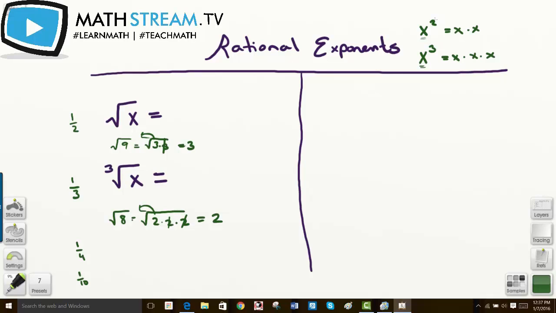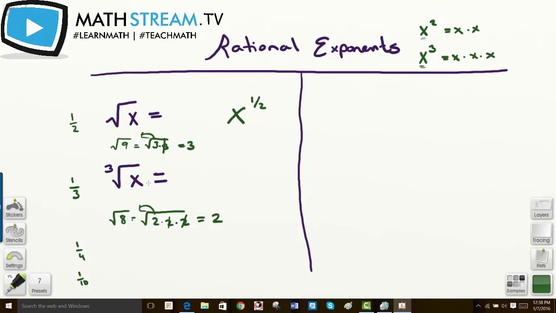If exponents tell us how many times the base number should be a factor, and if roots give us fractions of factors, then why can't we write a root as an exponent? In other words, the square root of x, we could write that more simply, and it may not seem simple right now, but trust me, it is much more simple. If I write this as x to the 1/2 power, meaning I want to keep only half of the factors of x.